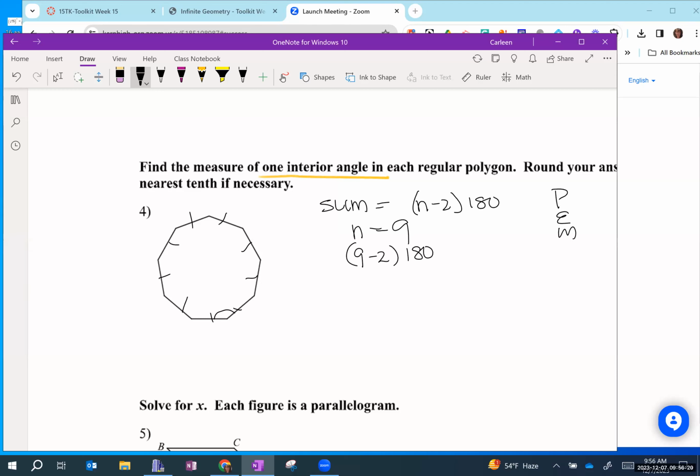Please excuse my dear Aunt Sally. We're going to do parentheses times 180. And we are going to get, oh, what? 7 times 180.